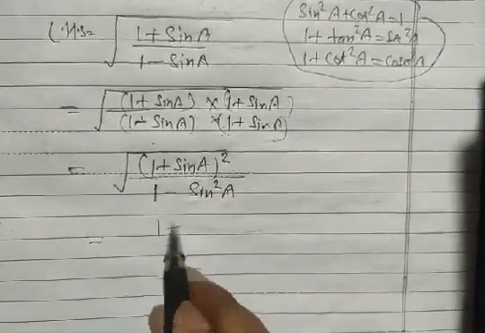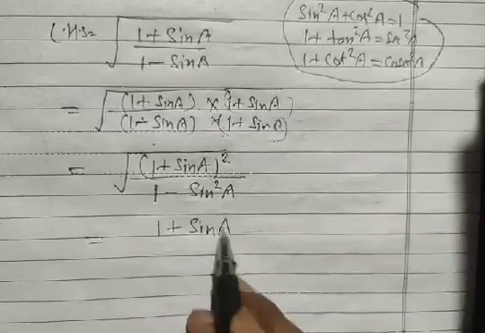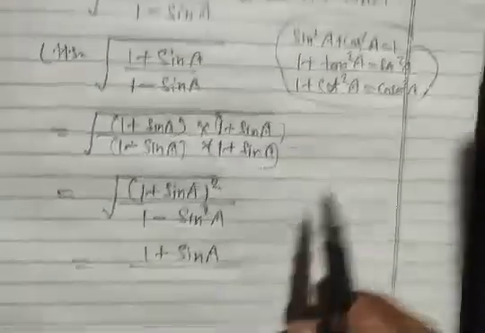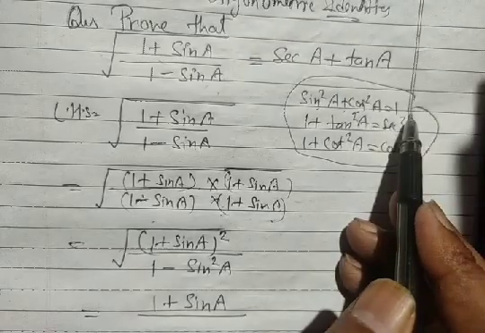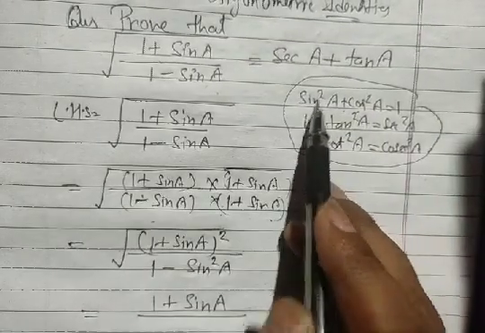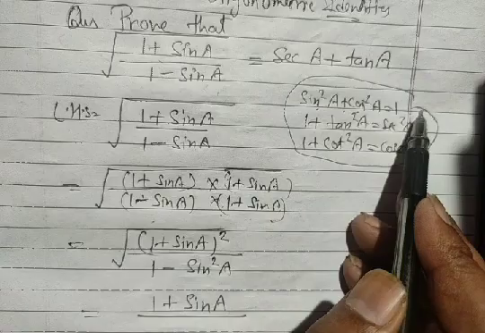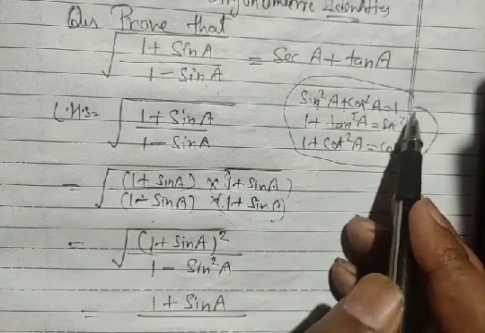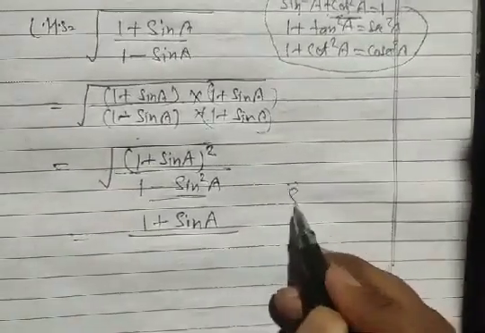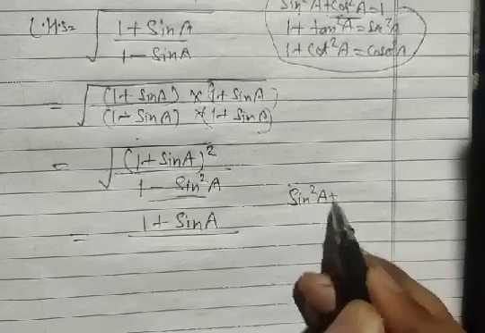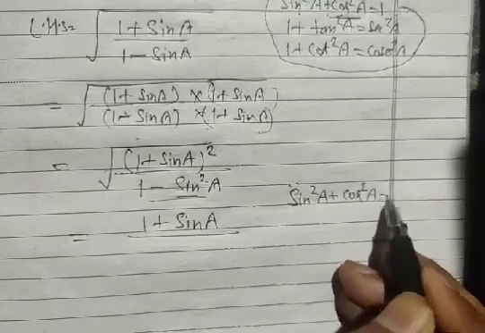In the numerator we have 1 plus sin a. Now look, sin square a plus cos square a equal to 1.